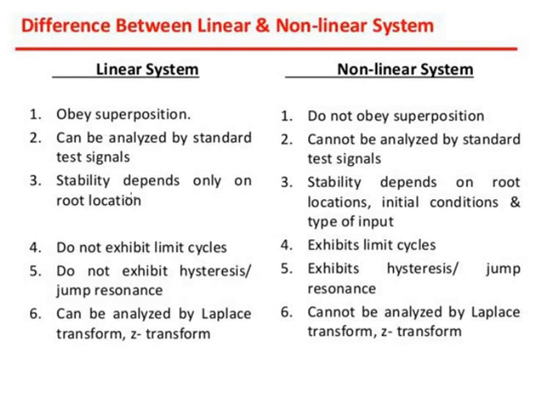A linear system does not exhibit hysteresis or jump resonance, whereas a non-linear system exhibits hysteresis and jump resonance. A linear system can be analyzed by Laplace transform and Z transform, whereas a non-linear system cannot be analyzed by the Laplace transform or the Z transform. So analysis of a non-linear system is the toughest job.